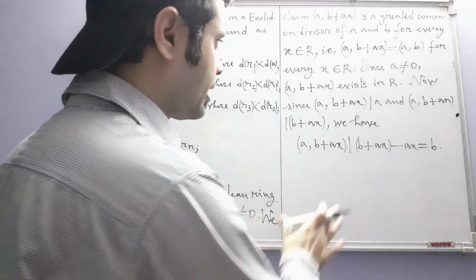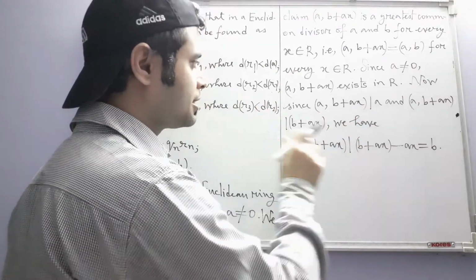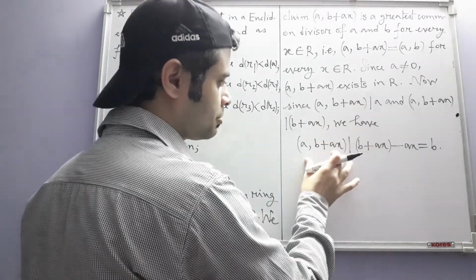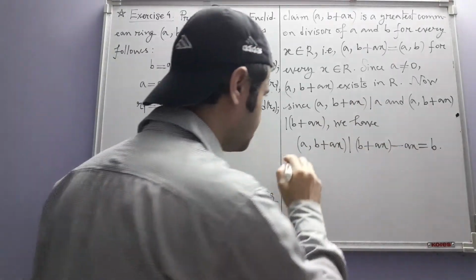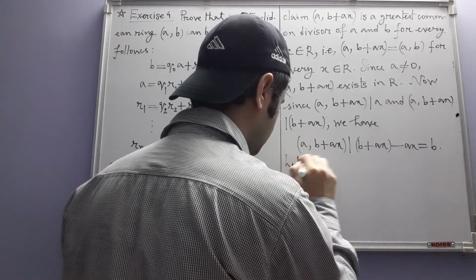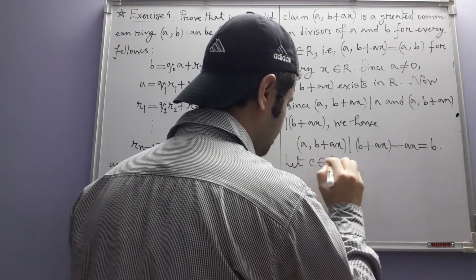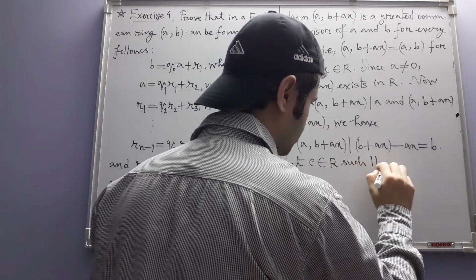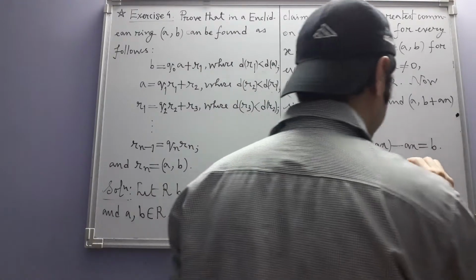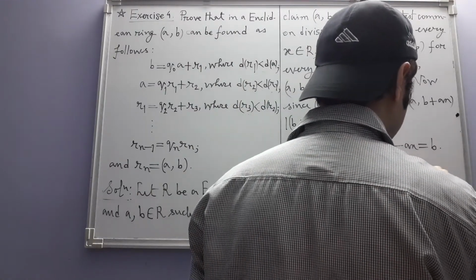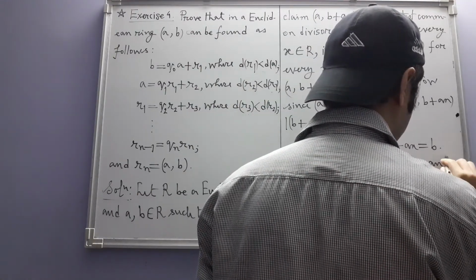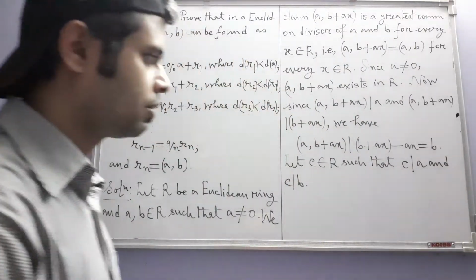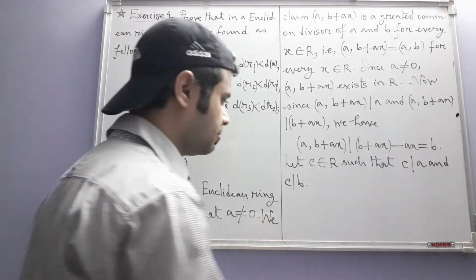Okay, so note that we now have the two divisibility relations. This thing is dividing A, also this thing is dividing B. Let C be some element in R such that C divides A and C divides B. C is a common divisor of A and B in the Euclidean ring.